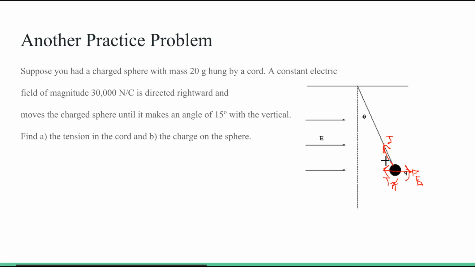Otherwise, it would have accelerated. So if Tx is equal to Fe, and this is our angle, that means Tx is tension times the sine of the angle. You can just draw a triangle to prove that.